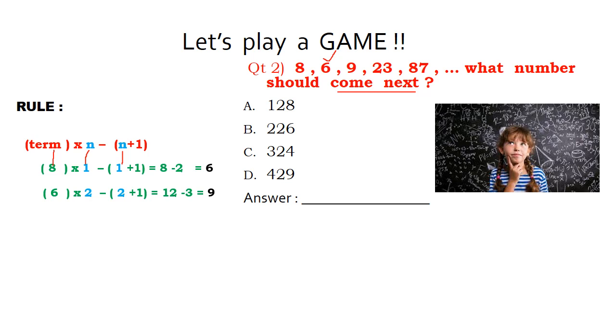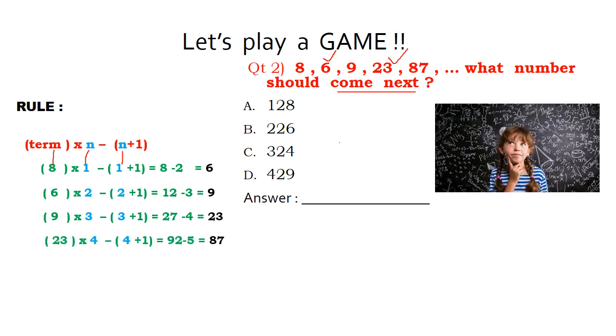We get the third term. Same as take the third term, 9, into the continuous natural number 3, minus 3 plus 1. 9 threes are 27, minus 3 plus 1 is nothing but 4. Now 27 minus 4, the result is 23. We get the next term.